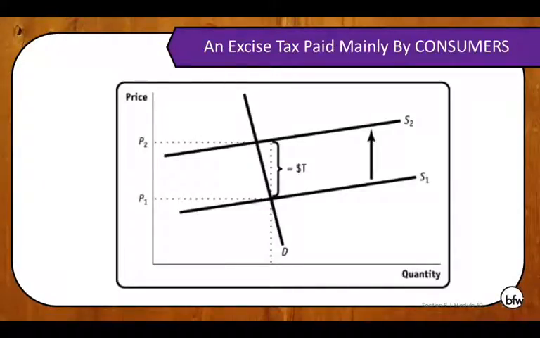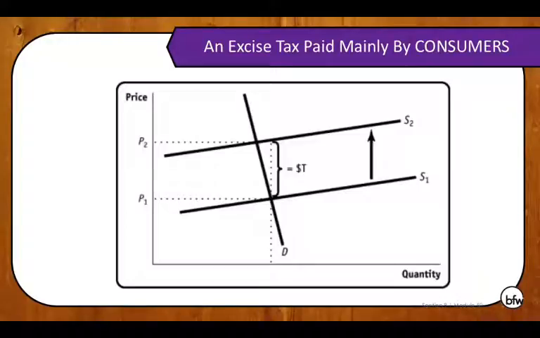So, in our first example, let's examine when an excise tax is paid mainly by consumers. In the Smog City example, the majority of the tax was paid by consumers, though it wasn't obvious why it worked out that way. So let's create another market to see how such a situation arises. If the tax of T dollars is imposed on the sellers, the supply curve will shift upward by T dollars, and the new price is P2.